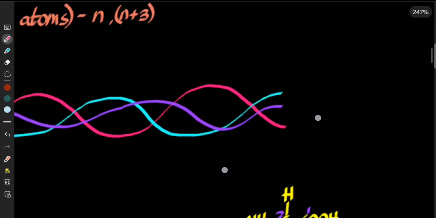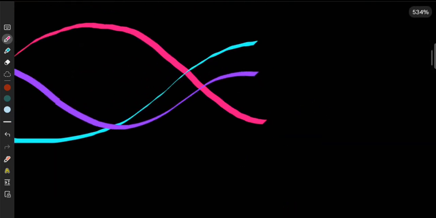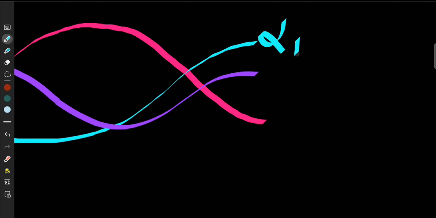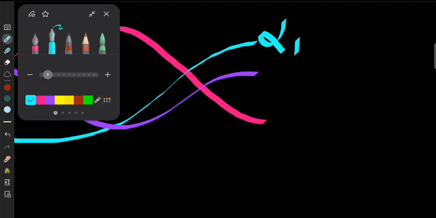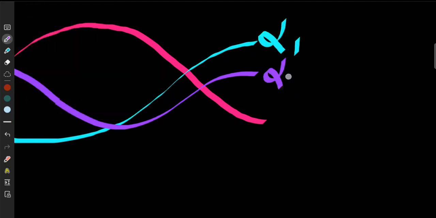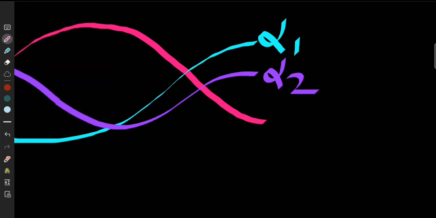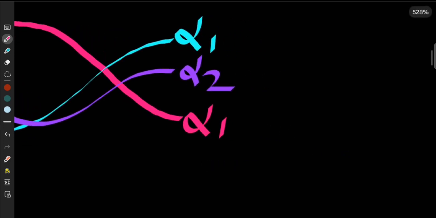Now 2 of the, for example, I'll just take blue. This would be alpha 1, right? And then this would be alpha 2, right? And then suppose the pink one is alpha 1 again. So 2 chains of alpha 1 and then 1 chain of alpha 2.